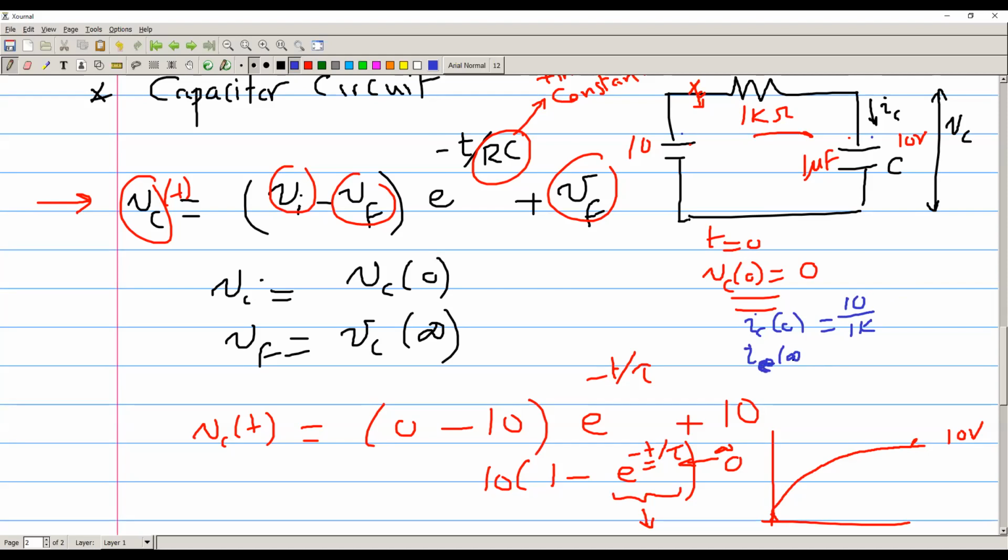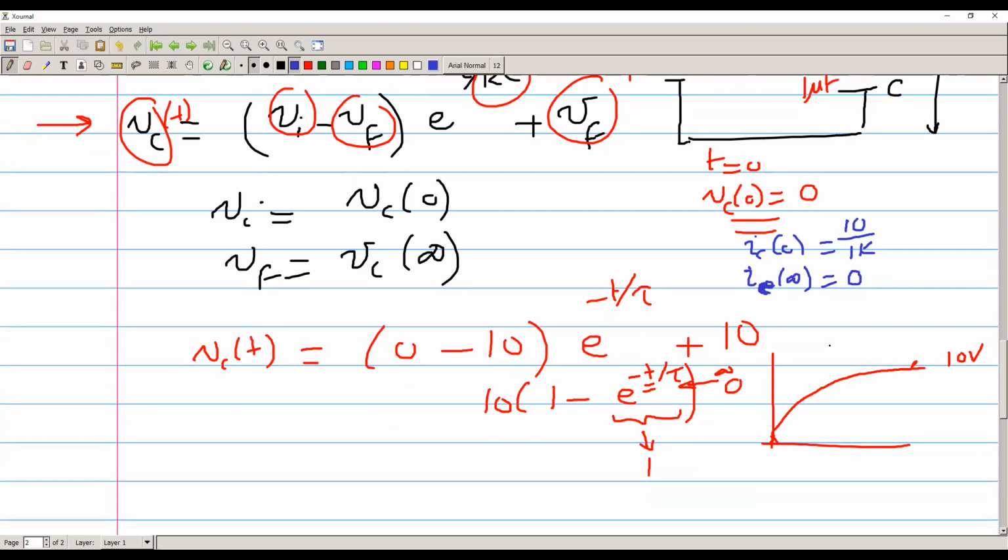IC of infinity. At infinity, as I said before, the capacitor will be fully charged. It will have 10 volts here. So you will have 10 volts minus 10 volts across the resistance here. So basically it's going to be 0, right?